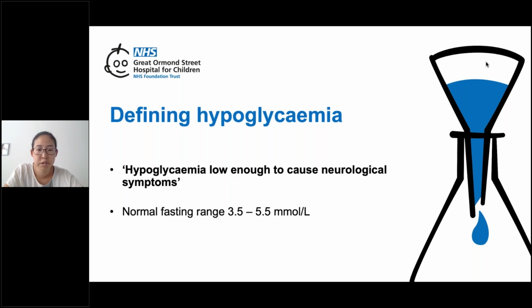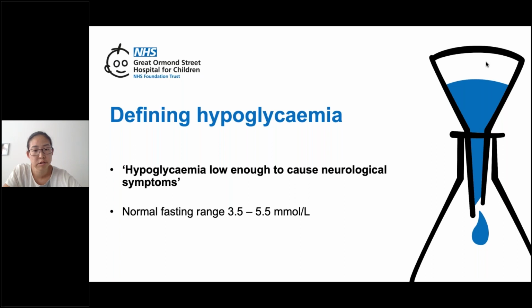The reason we can't just put a number on it is because the threshold for specific brain responses to hypoglycemia occurs across a range of concentrations, and these thresholds can be altered by the presence of alternative fuels such as ketones and lactate. It's also not possible to identify a single blood glucose value that causes brain injury, and the extent of injury is usually influenced by other factors as well, such as the duration and the degree of hypoglycemia.